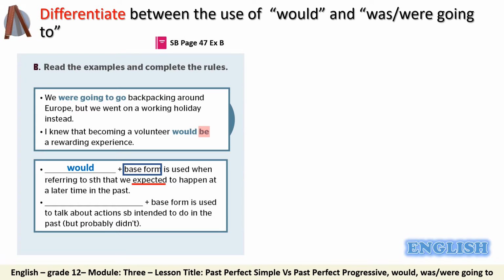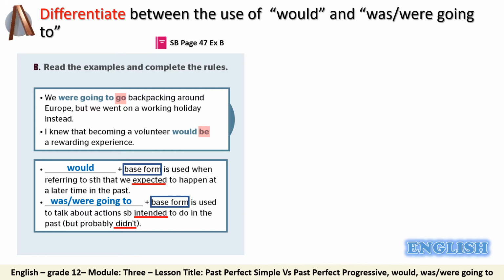Then for the second space, we should write was for singular pronouns and were for plural pronouns and going to. This expression is also followed by the base form of the verb. Was or were going to is used to talk about what we intended to do in the past but probably didn't.